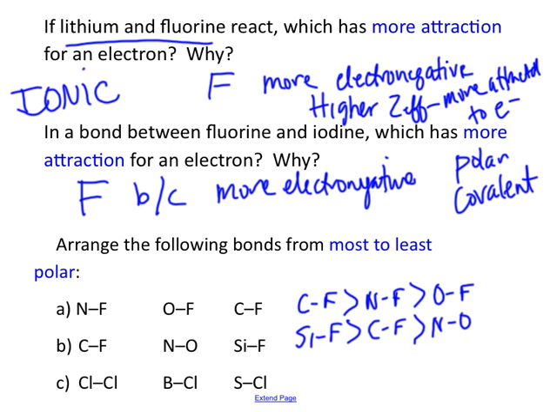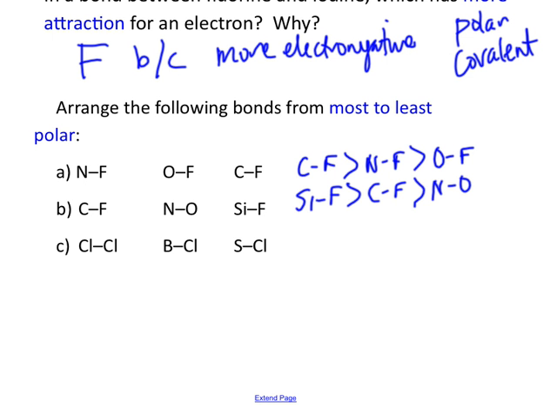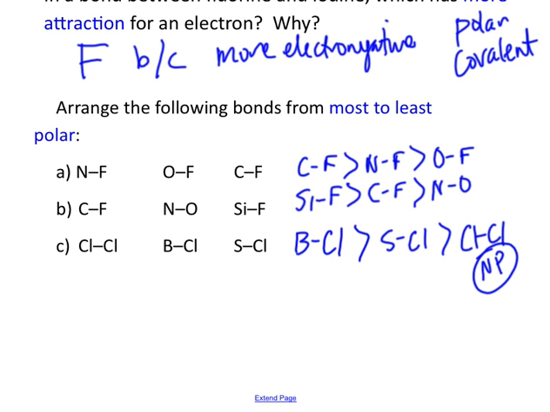And the last one, which one's the highest? ClCl, BCl, or SCl? BCl is the biggest difference. Do you see that, Rui? B is way far away. And then your SCl, and then your ClCl, which is actually going to be one of the first nonpolar covalent bonds that we're going to say is nonpolar. That dude, nonpolar.